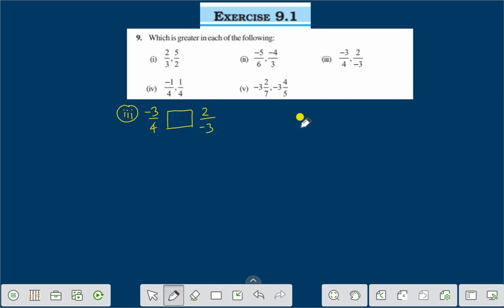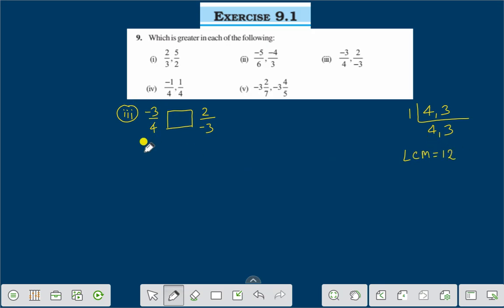Now the denominators are different, right? Therefore, you take the LCM of the denominators, that is 4 and 3. You have to divide by 1, that is 4 and 3. Therefore, LCM is equal to 4 into 3, that is 12.